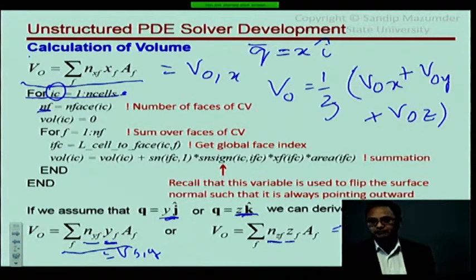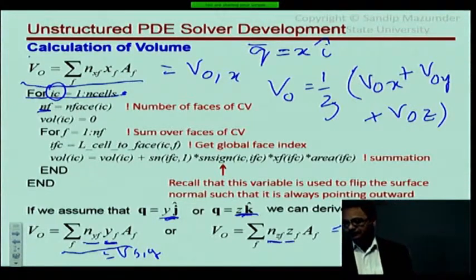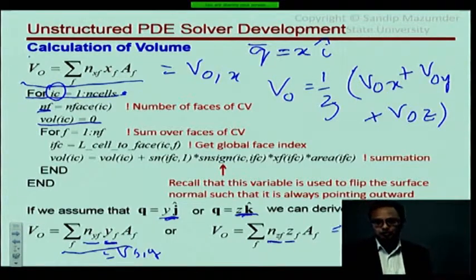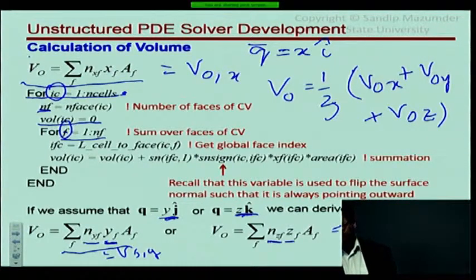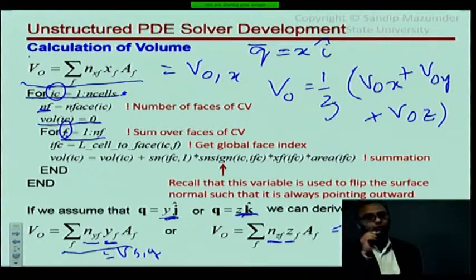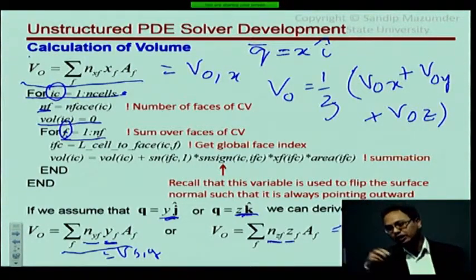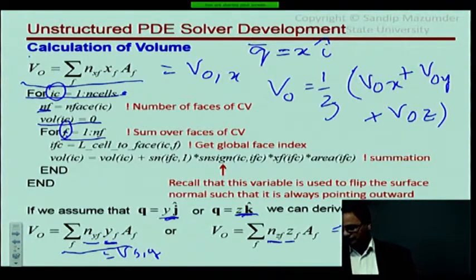That's the first thing I get. Then I'm setting the volume of that control volume to 0, initializing it to 0. Then I'm running a loop over all the faces. Remember this is the local face index, going from 1 to, for a triangle, 1 through 3. So this face index will run 1 up to 3 for a triangle.